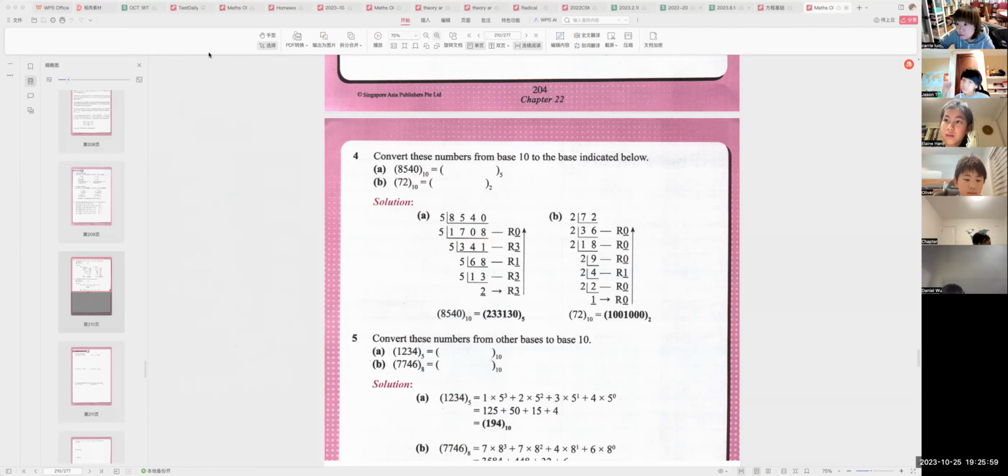Let's just do another one, okay? Because I just want to make sure everybody understands it. So 400, no, 400 is too big. So 101. Let's do this. 101 in base 10, into base 2.